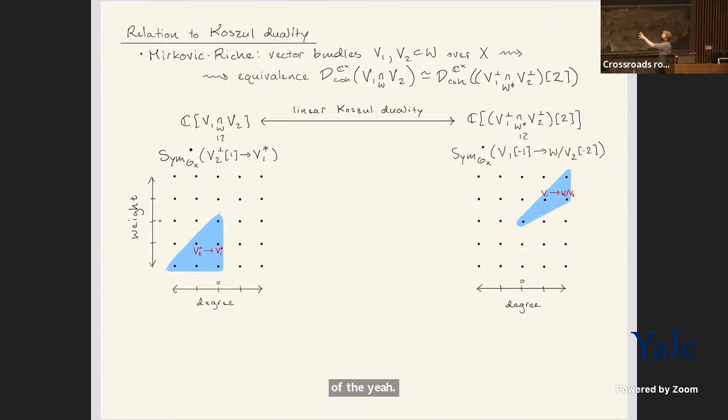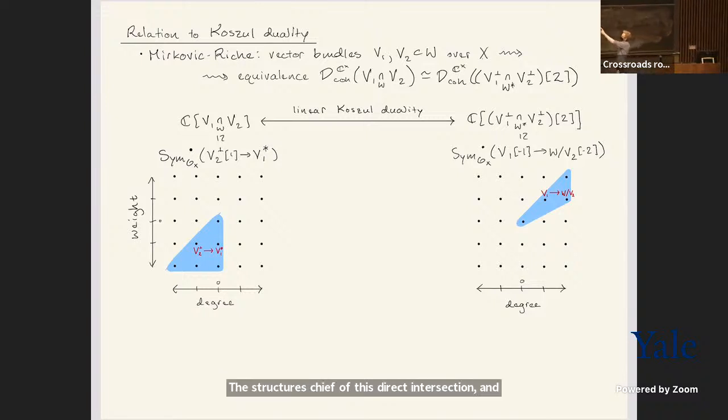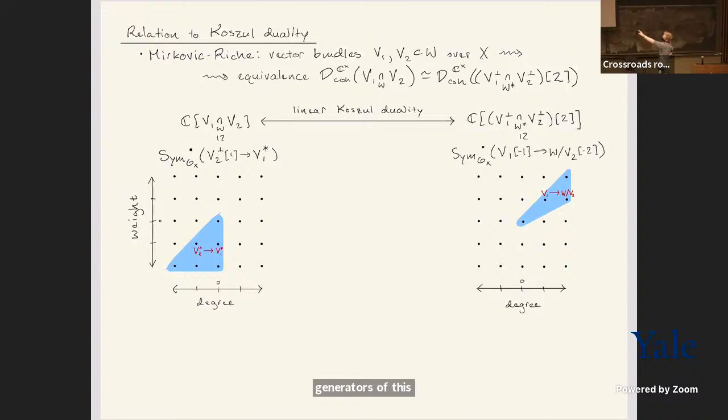And then to depict that visually, here I've drawn a grid depicting what this algebra looks like, broken down by degree and by weight. Just to be clear, the generators of this symmetric algebra, this two-term complex, are depicted there. They're in degrees -1 and 0, and then they're in weight -1. So that's a picture of the coordinate ring of one of these derived intersections.